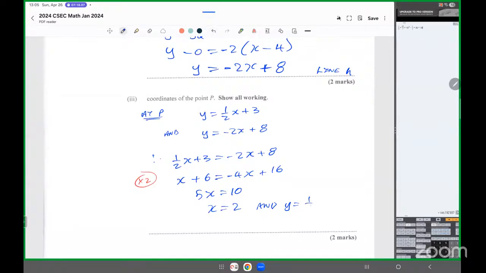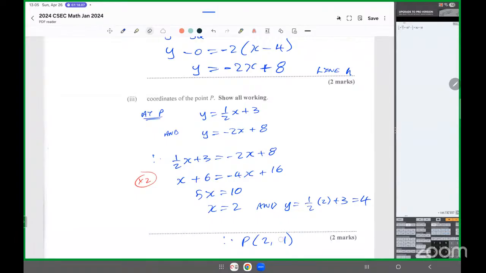I get half of 2 plus 3, which is equal to 4. So therefore, P is the point (2, 4). I can try x equals 2 here as well: -4 plus 8 is still 4, which is correct. So P is the point (2, 4).